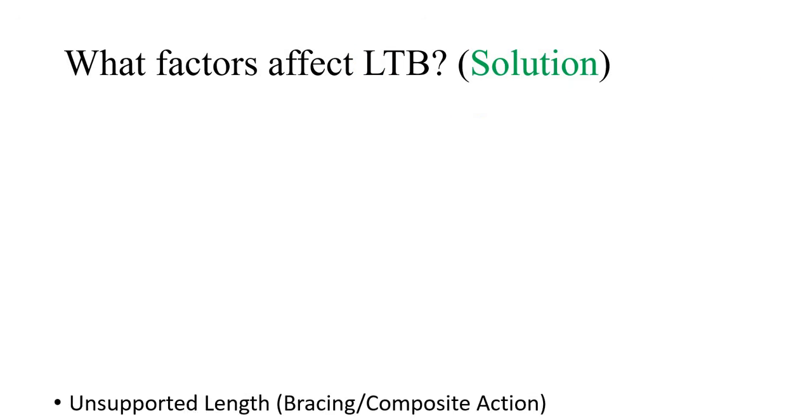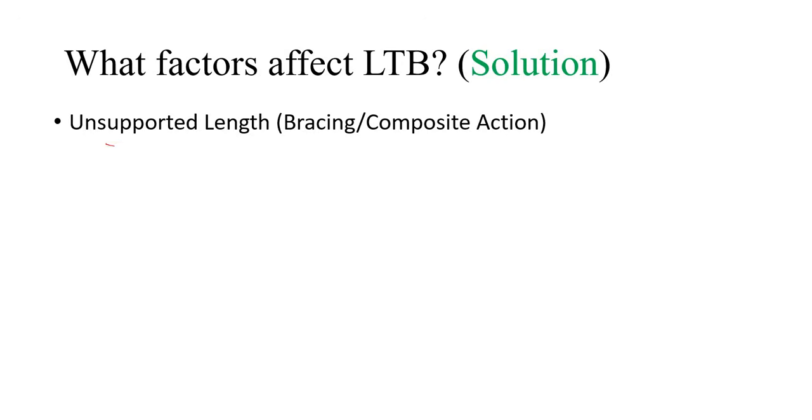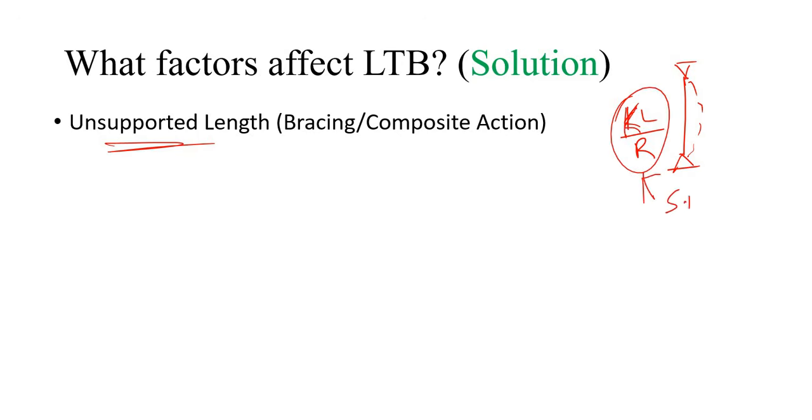Next, what are the other factors? Unsupported length. Buckling in the case of a column, can you remember this ratio? What is this? Slenderness ratio.